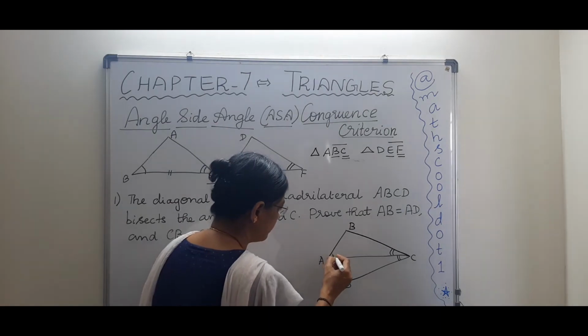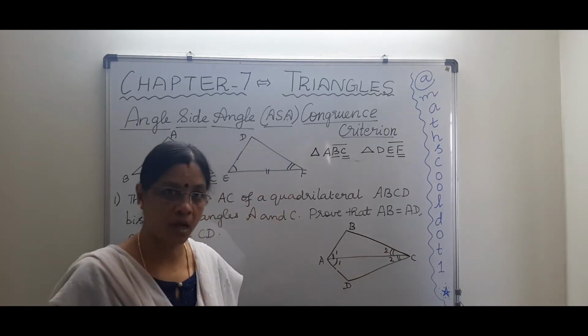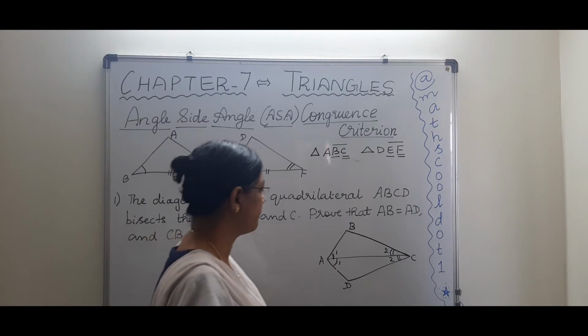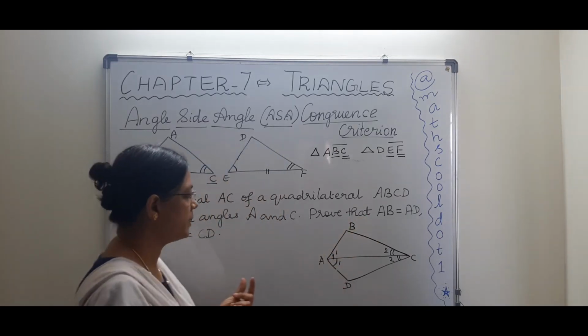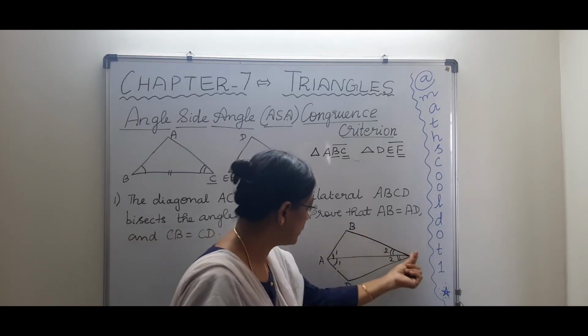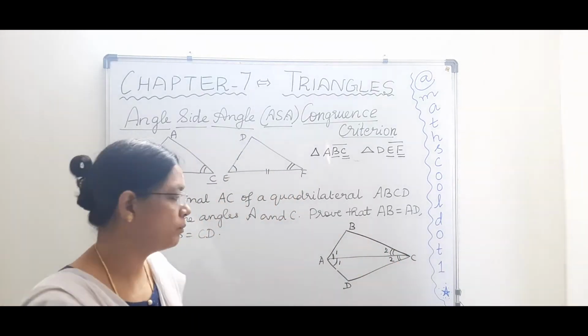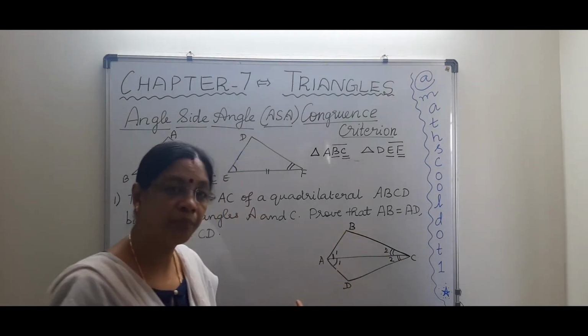So this portion is equal to this. I just name it as 1 and 1, and this as 2 and 2, because they are one and the same. Now what we need to do is prove that AB is equal to AD and CB is equal to CD. That is what we need to prove: AB is equal to AD and CB is equal to CD.